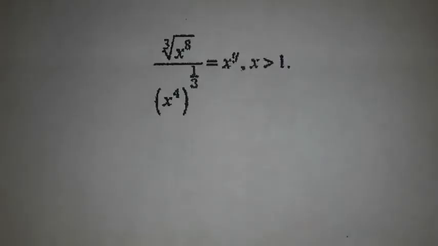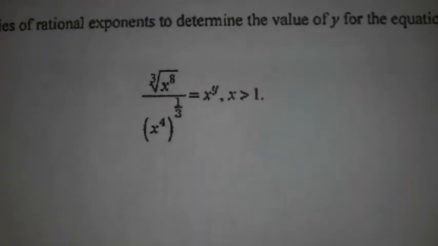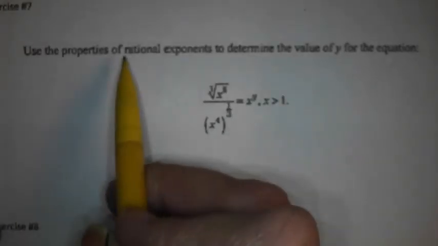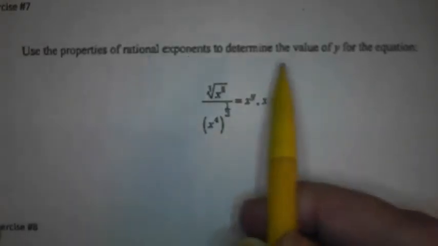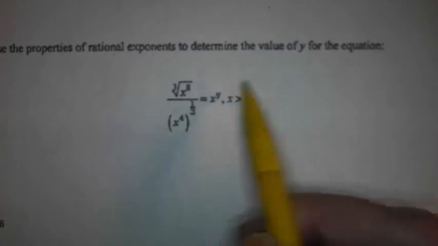Let me go on the back, because I think I put one on here that actually was on the Regents. This one. See how there's this mixture of radicals and exponents? Okay? Use the properties of rational exponents, kind of what we just learned, to determine the value of y.